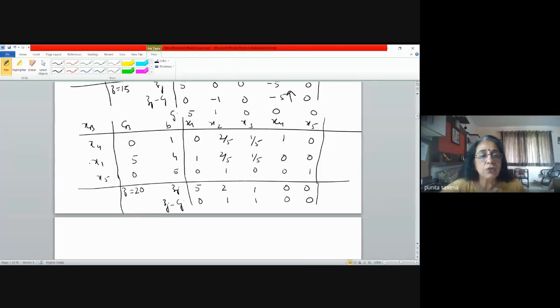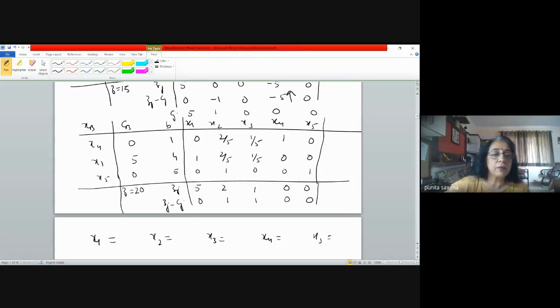Secondly, how to write the solution, right? Now I have my basic variables as x1. Okay, let me write all the variables then. My variables were x1, x2, x3, x4 and x5, out of which x1, x2 were decision variables, x3 and x5 were slack variables, and x4 was a surplus variable, right?